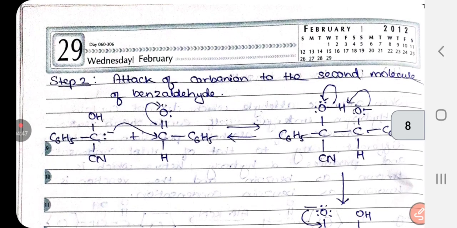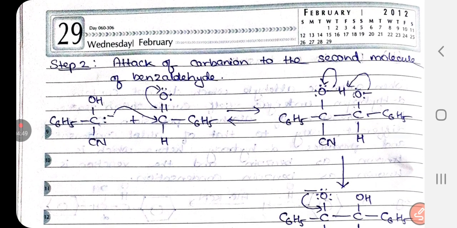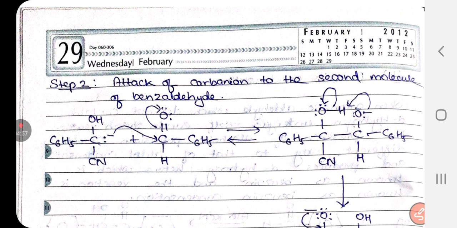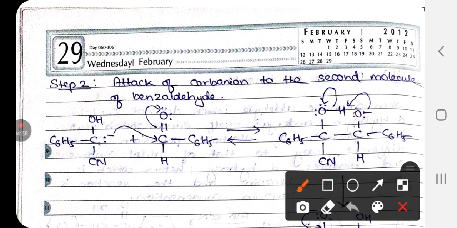and in the next part, attack of carbanion to the second molecule of benzaldehyde. This is the carbanion part, the carbanion part contains one unshared pair of electron which migrates to the electron deficient carbon, and this type of structure is obtained.